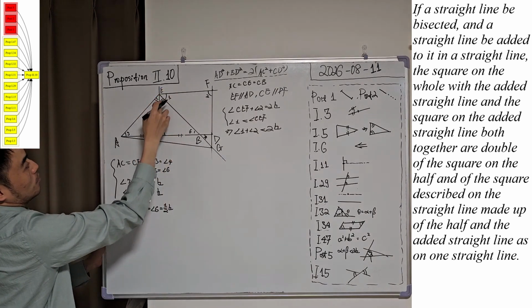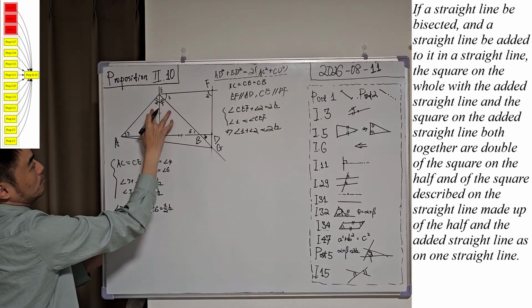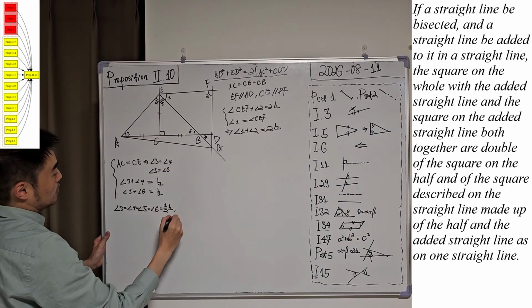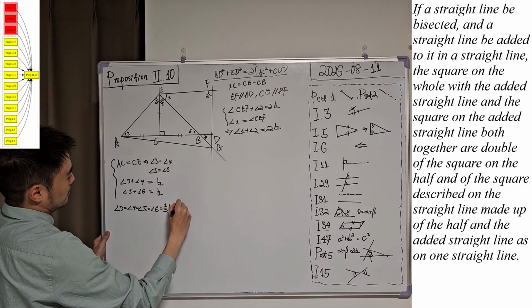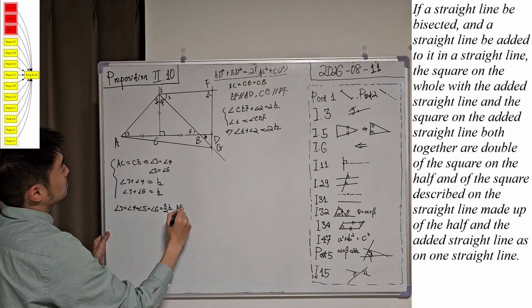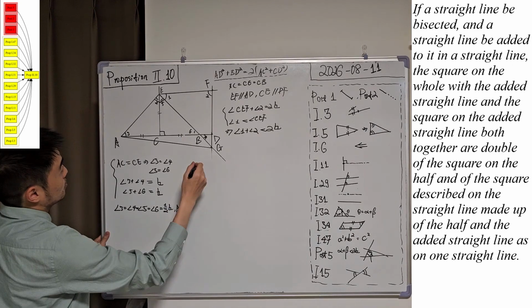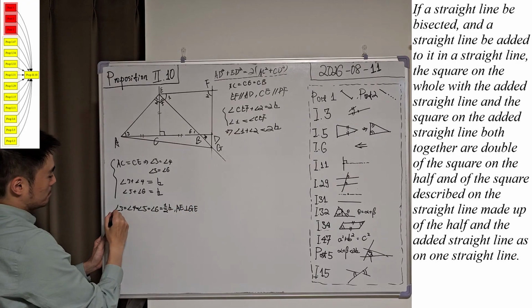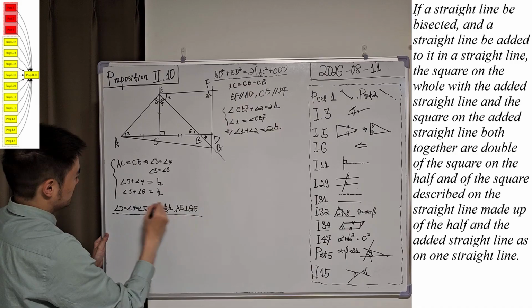Because it equals the sum of two halves of the right angle, so this is the right angle. So let's write it here. AE is perpendicular to GE, correct?